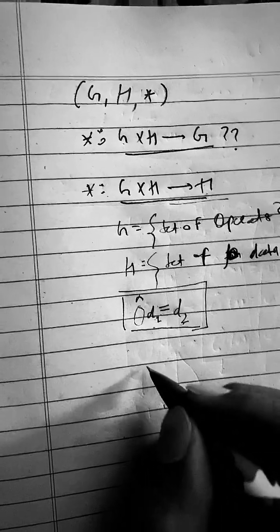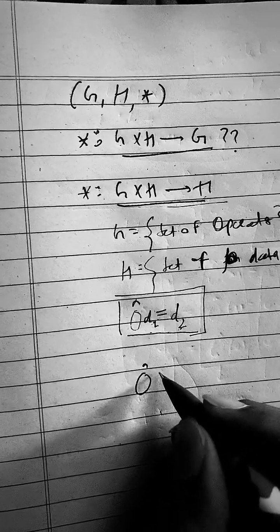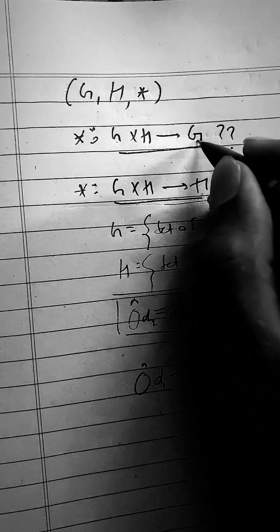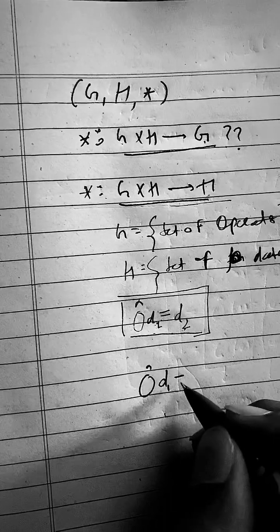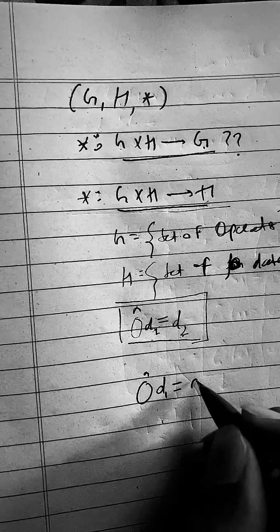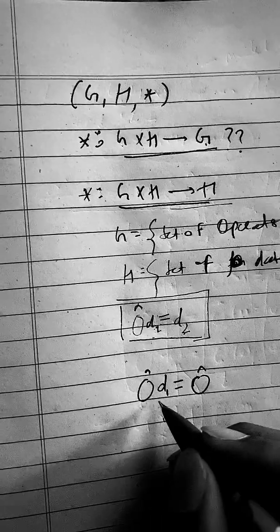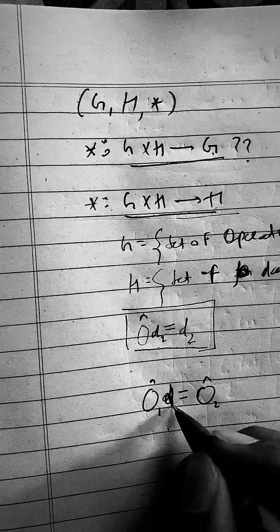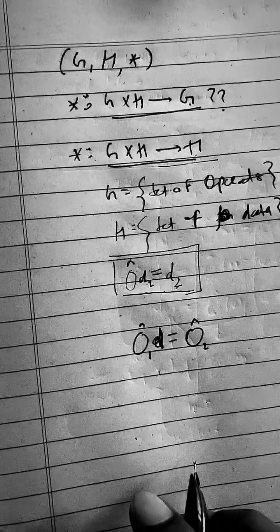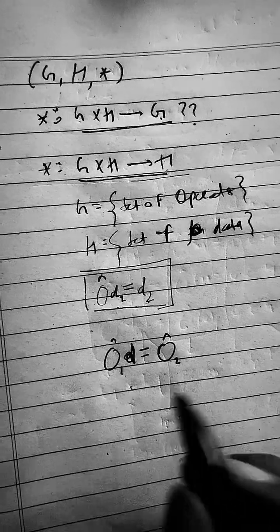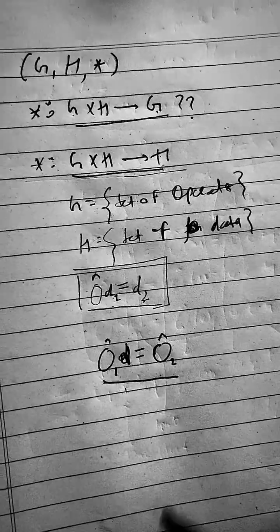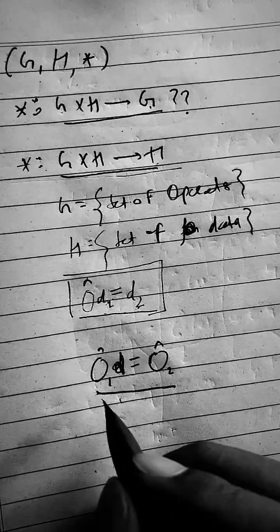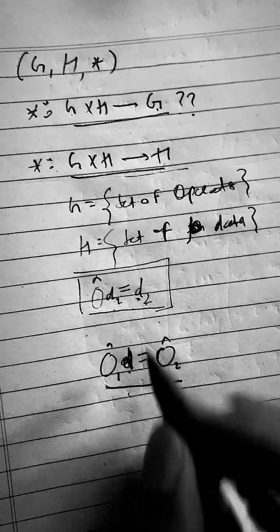It is saying a set of operators acting on data produces not data but an operator. Let's say this is operator O1, this is O2, and this is some data. So what is happening here? This is a very different kind of thing going on. This structure and this structure are different.